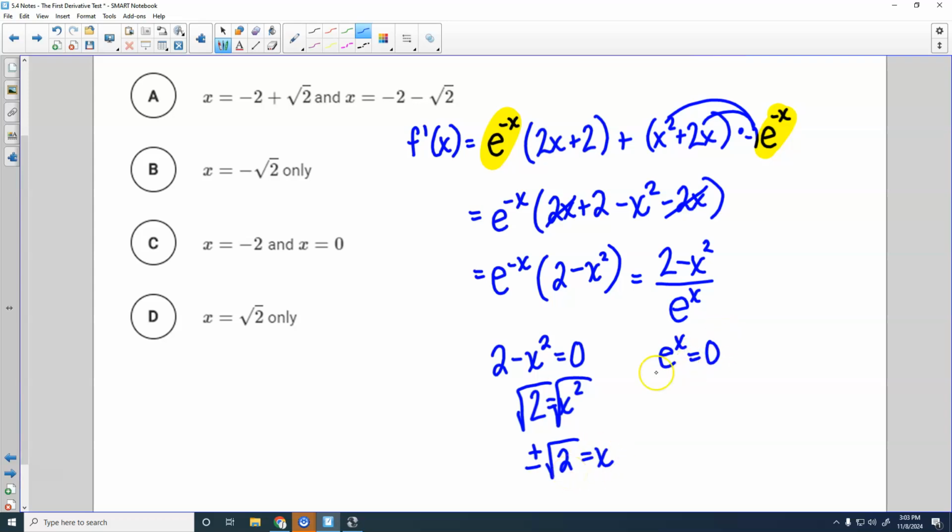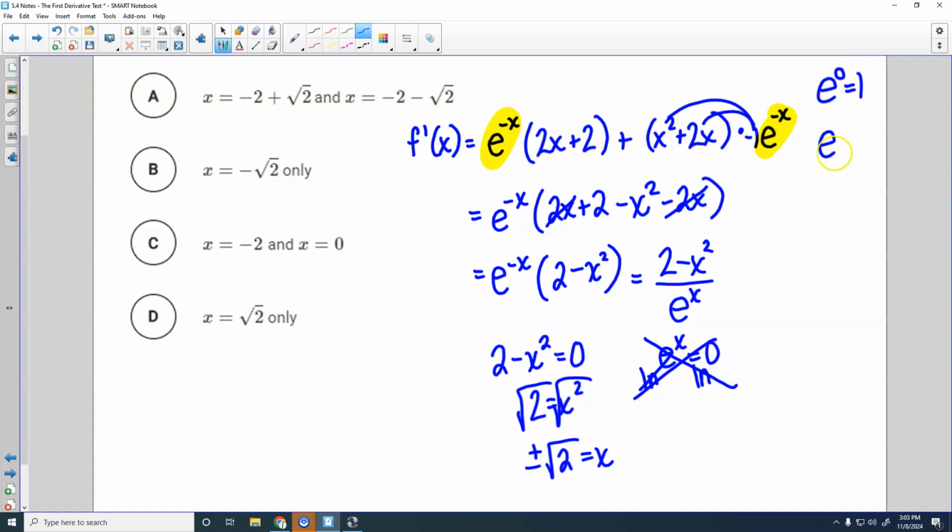What about over here? I will natural log both sides, and you cannot take the natural log of 0, so you end up getting nothing from this. E to a power is always positive, so there's no way that's ever going to equal 0. Even if we plug in 0, e to the 0 equals 1.